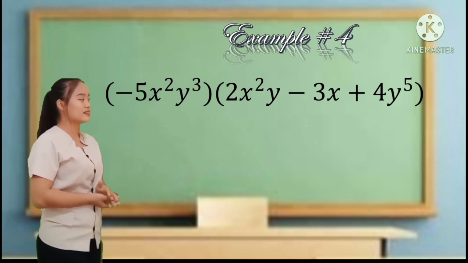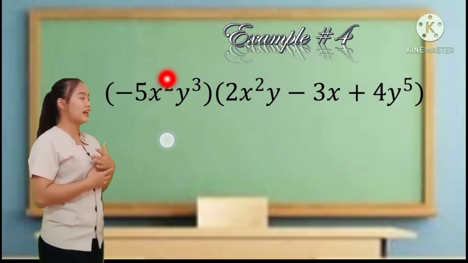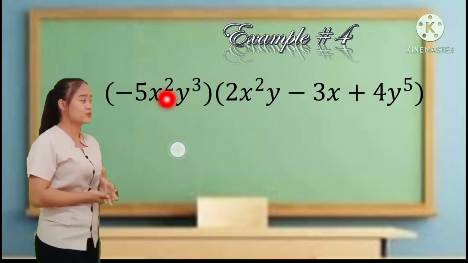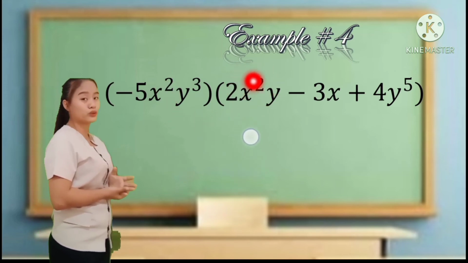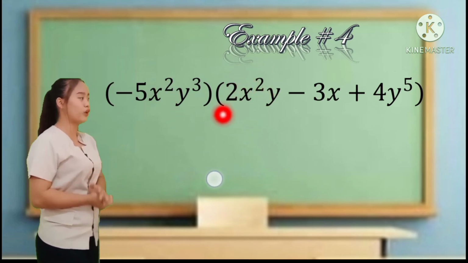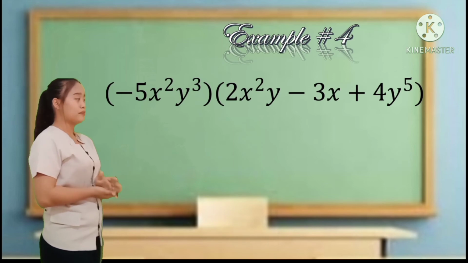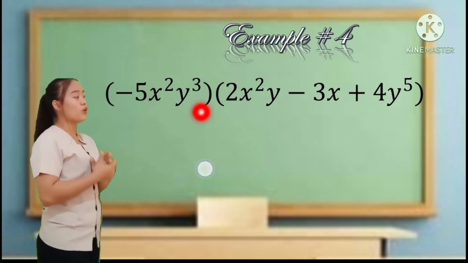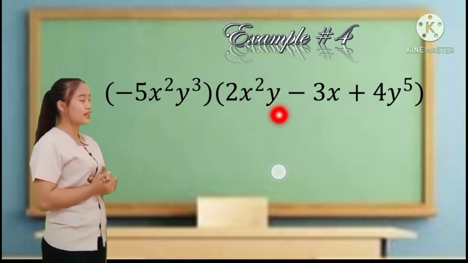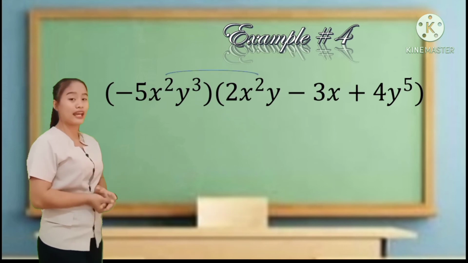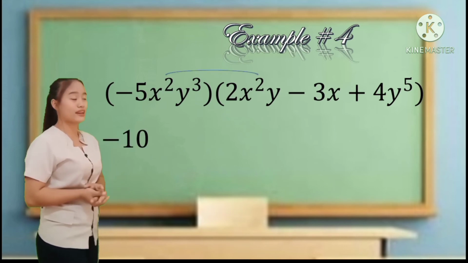Then for x, add the exponents: 2 plus 2 is equal to 4, copy the base, x raised to 4. And then for y, 3 plus 1 is equal to y raised to 4. So we have here negative 10x raised to 4, y raised to 4.